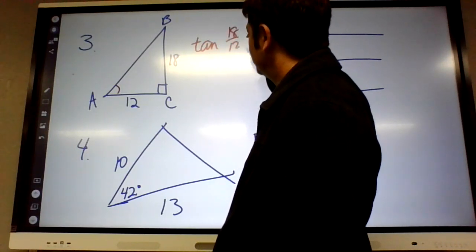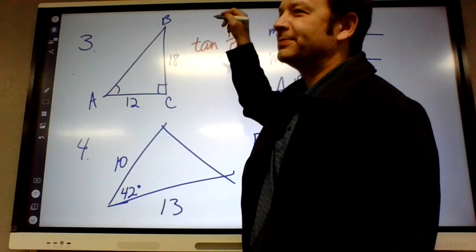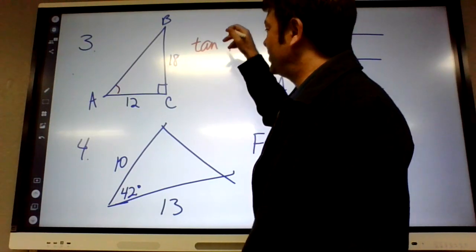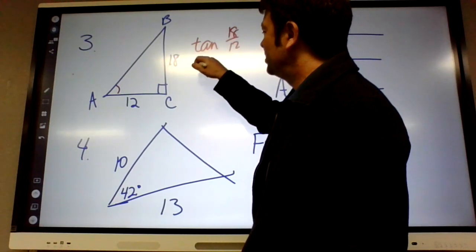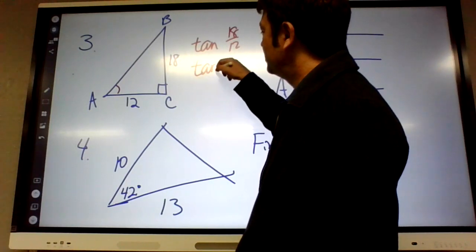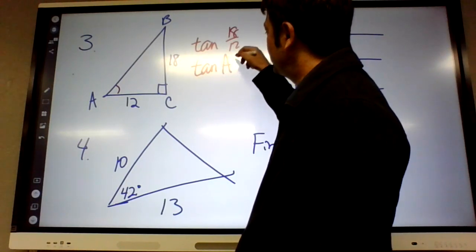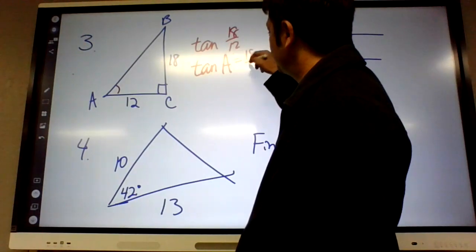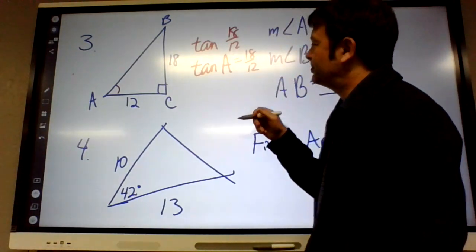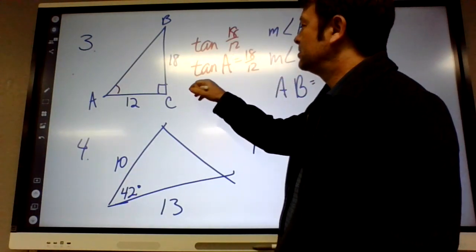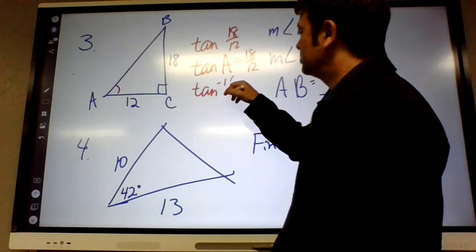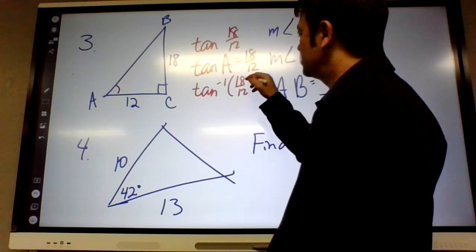This is why I have you guys write angle up above. Tangent of the angle equals 18 over 12. So what do we plug in? Angle inverse.